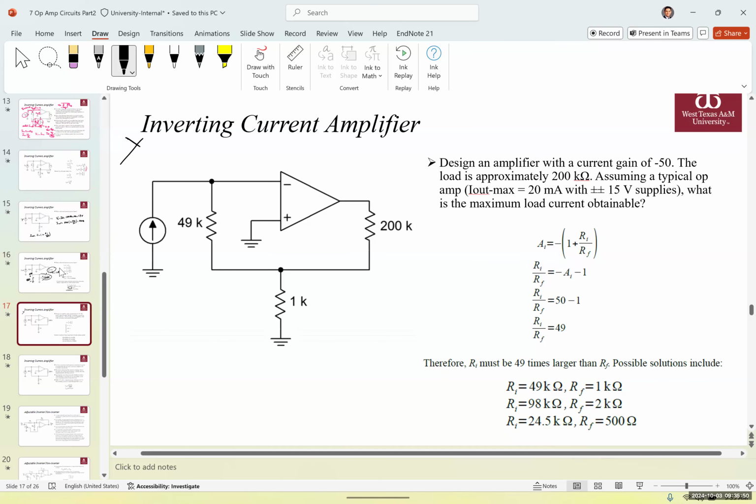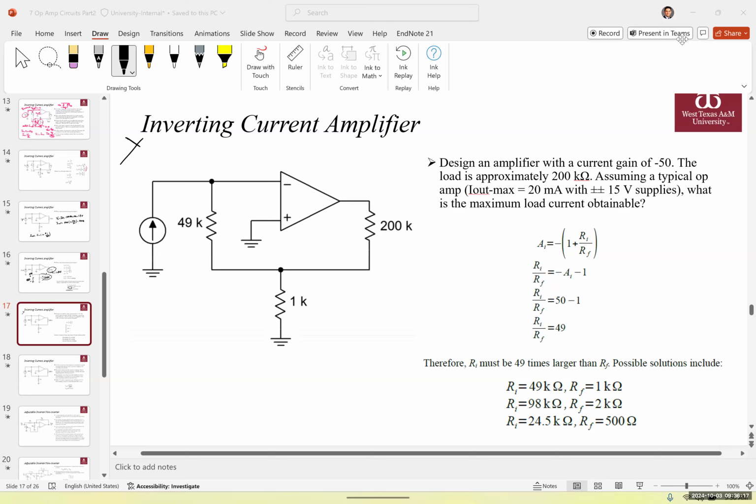Let's solve another one for 49K, 1K, and 200K. The question is that we want to design an amplifier with a current gain of -50. The load is approximately 200K, assuming a typical op-amp I out max of 20 milliamps with plus and minus 15 volt supplies. What is the maximum load current obtainable?